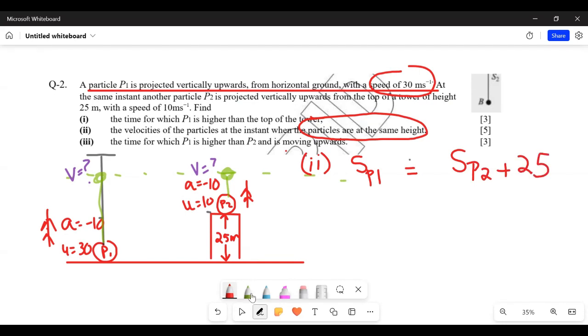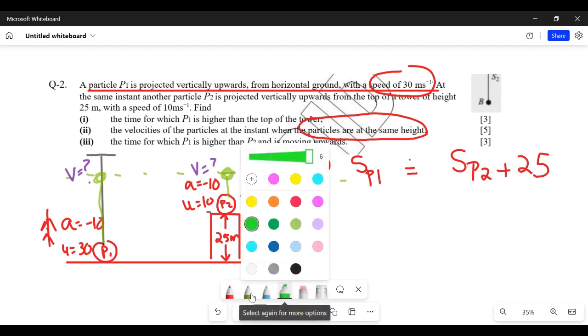Why did I add 25 here? Where did this plus 25 come from? The tower height.